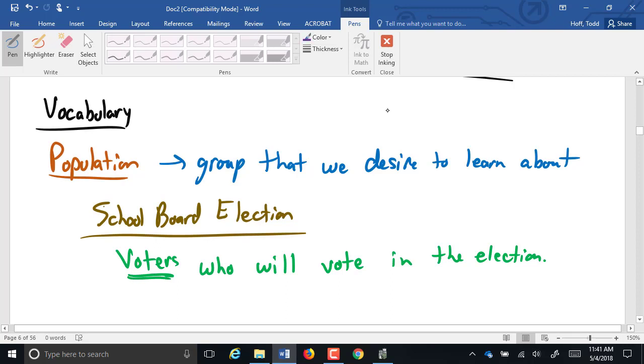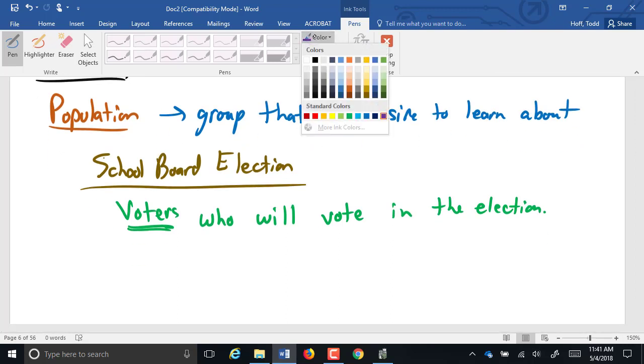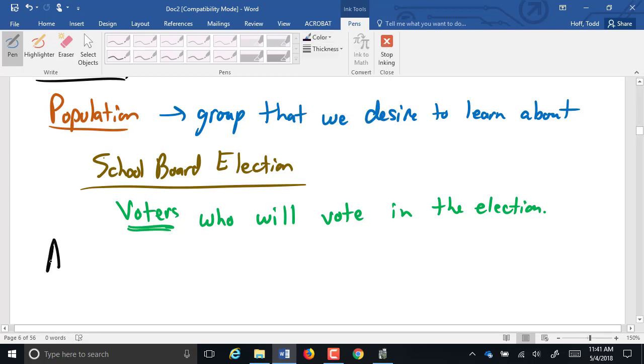Now, anytime we're doing a statistical study, there is something called a random variable. We are asking a question. And once you've defined the population, we can formulate that question a little bit better. Because the question we think we're trying to answer is who's going to win.